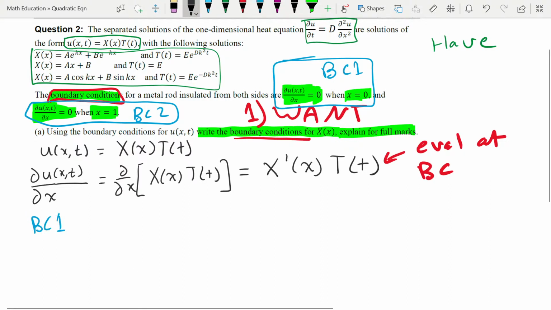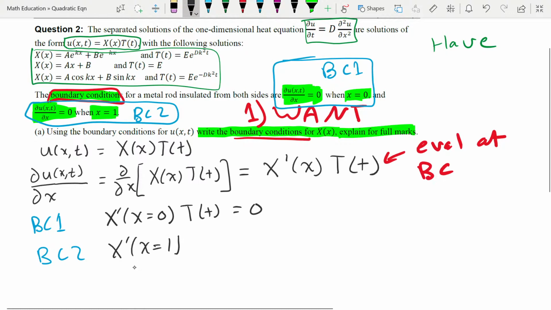We've got x equal to 0, so we've got X prime of 0 times T of t is equal to 0. And then for boundary condition 2, we've got X prime, now this is occurring at x equal to 1, of 1 times T of t is equal to 0.